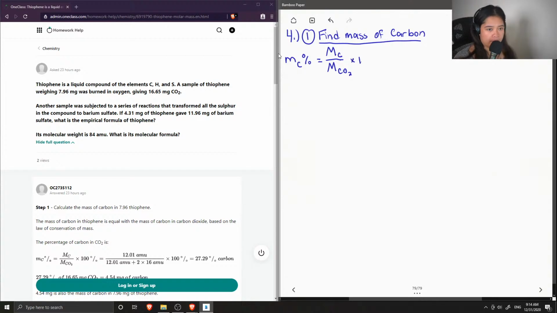And if we multiply this by 100%, this will give us the mass percent of carbon in carbon dioxide. So the molar mass of carbon you can find on the periodic table is 12.01 grams per mole, and the molar mass of carbon dioxide is 12.01 plus 2 times the molar mass of oxygen, which is 32.